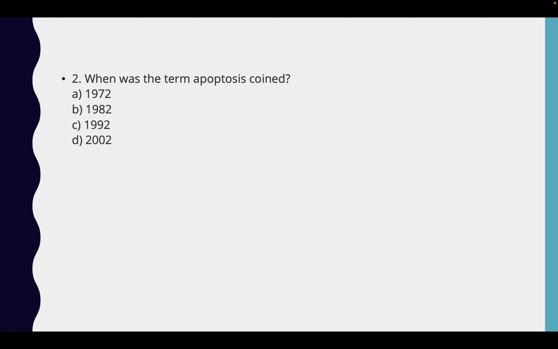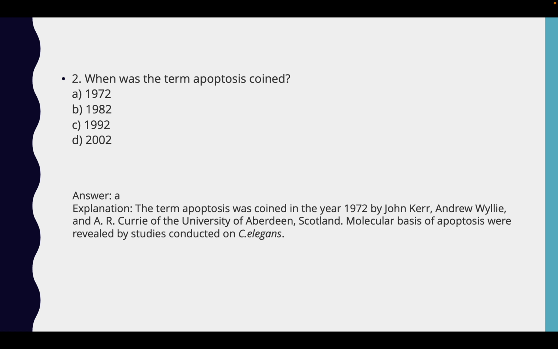John Kerr, Andrew Wyllie, and A.R. Currie of the University of Aberdeen, Scotland. Molecular basis of apoptosis were revealed by studies conducted on C. elegans. So it was in 1972.